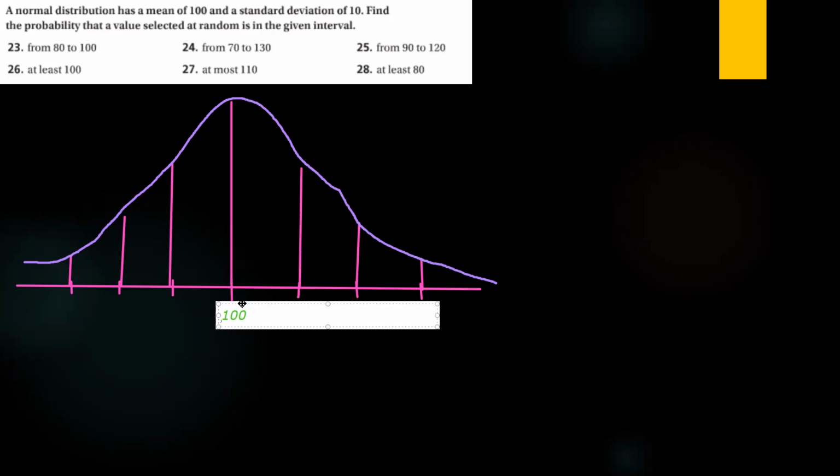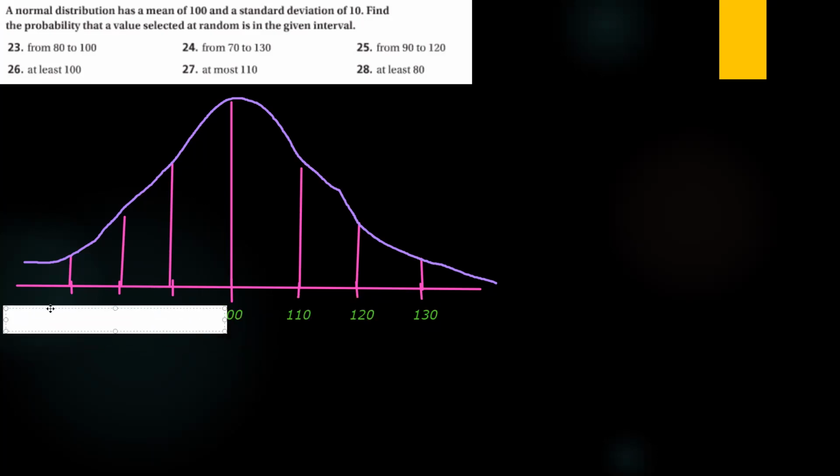So you have to add 10 to the right. So there will be 110, 120, and 130. This is for the three standard deviations. Now let's put the numbers here, 90, 80, 70. Now, I want the probability that a value selected at random is in the given interval.